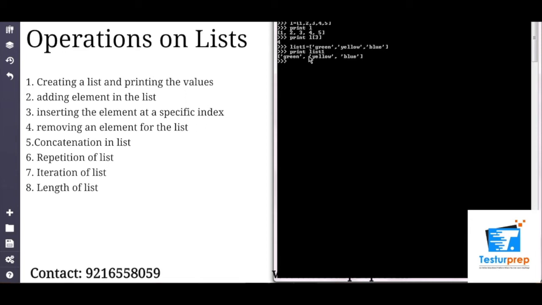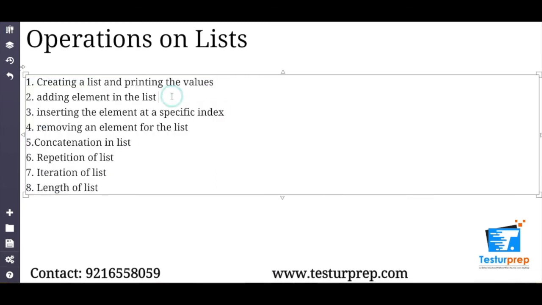Now suppose I want to add white in my list. For that we use a function known as append. I'm writing it here, if you do not understand, it's append. This is the function that we'll be using.